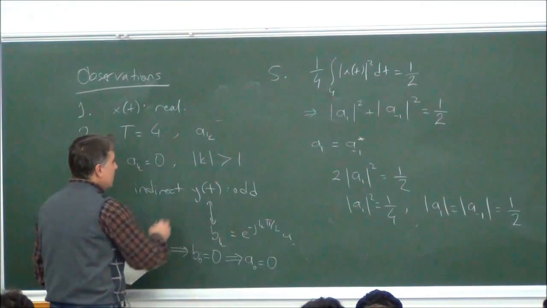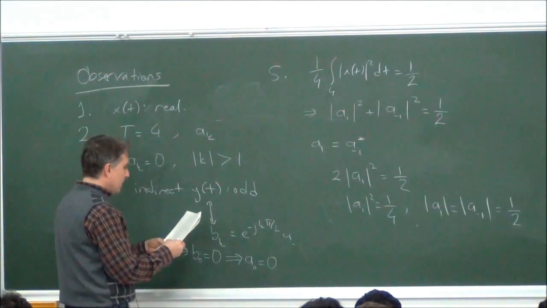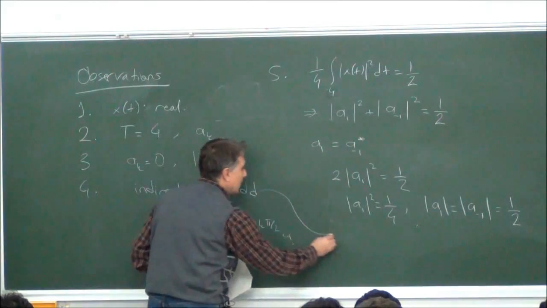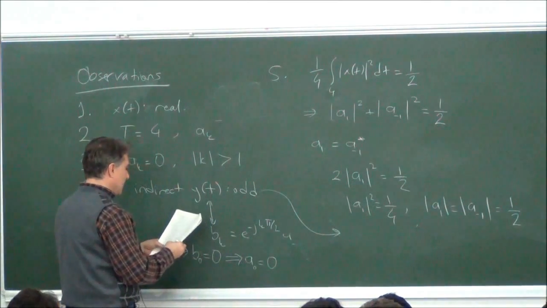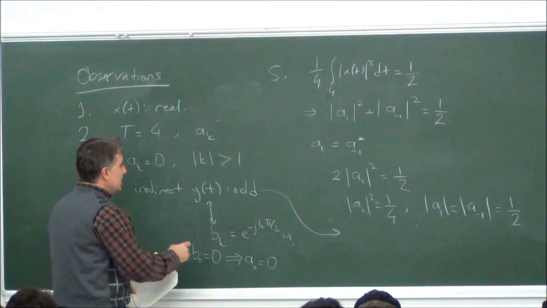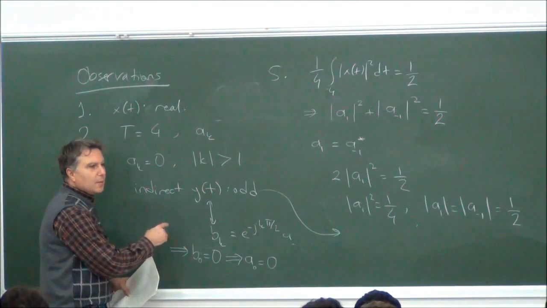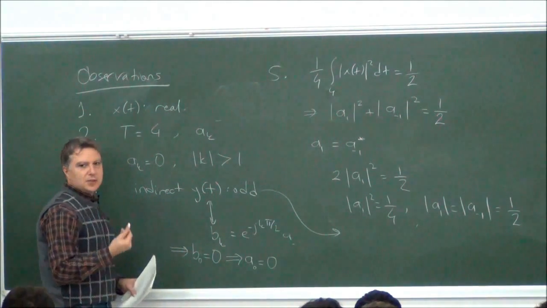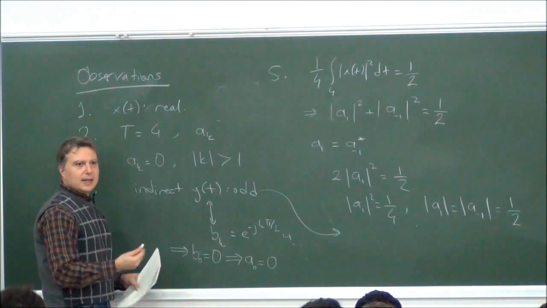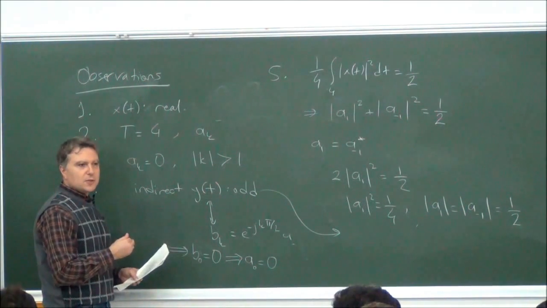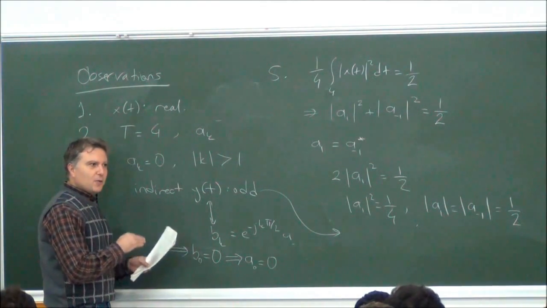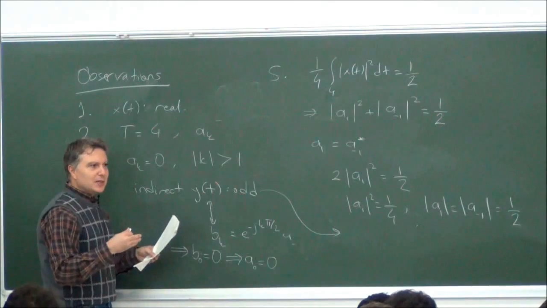Now, if y of t is odd, from here, we say that b1 and b minus 1 must consist of only imaginary parts, because for a real and odd signal, the Fourier series coefficients are purely imaginary. For a real and symmetric, they are purely real.